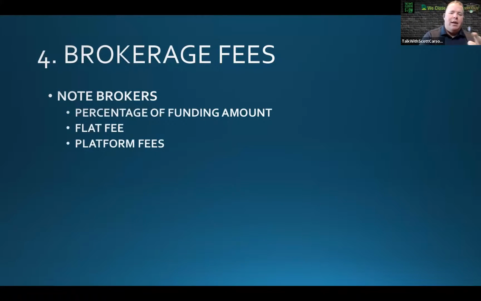I'm usually going to give them a percentage of the funding amount. It might be 1% or 1.5% of the funding amount. In some cases, people will charge a flat fee, like either 1% or $500 at a minimum per asset. There are some platforms out there that you can move and sell notes through, but they have a flat platform fee. They charge both sides, the buyer and the seller. And that's fine as long as you're happy with it.